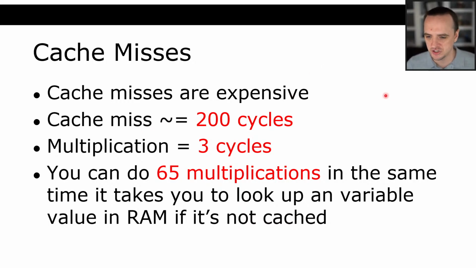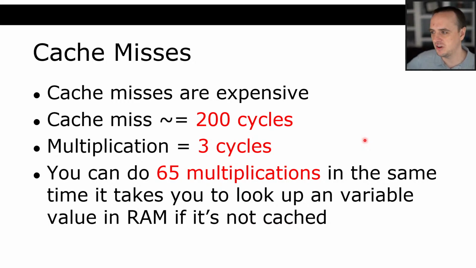One multiplication of 2 integers is 3 cycles. So you can do 65 multiplications in the same time that it may have taken you to look up a variable's value in RAM if it's not cached. 65 multiplications. So think now about how important your algorithm was.